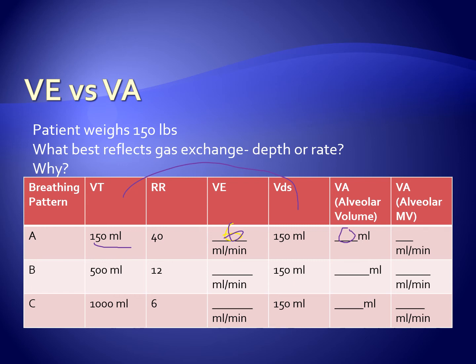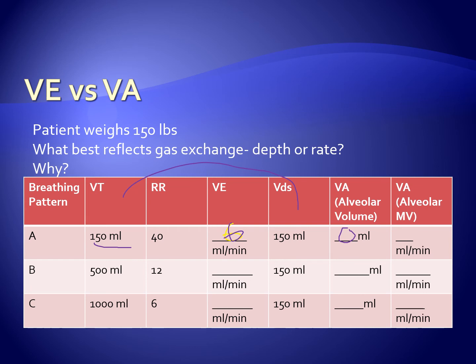It's very ineffective. On these patients that are breathing rapid and shallow, if they do this for long enough, they're going to burn up and go into anaerobic metabolism. They're going to have high CO2 levels and low oxygen levels. So what's their alveolar minute ventilation? Well, that's their rate times their alveolar tidal volume.